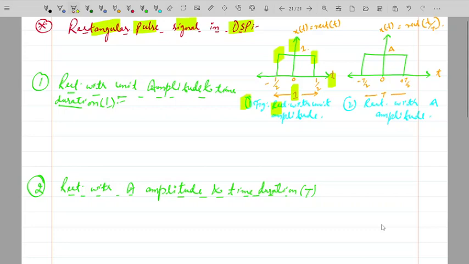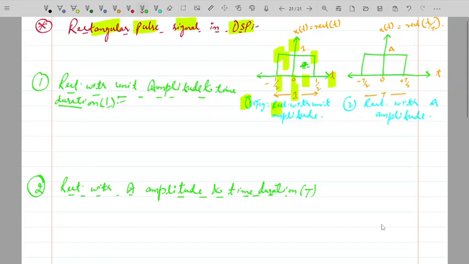So when t is less than 0, the left half of the rectangle is considered, and when t is greater than 0, this right part is considered.